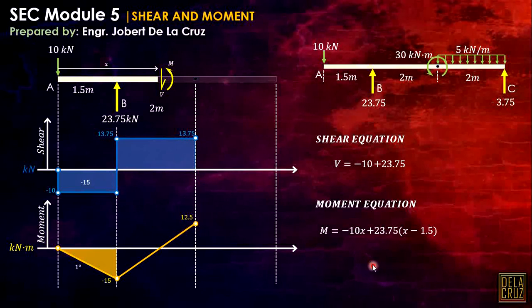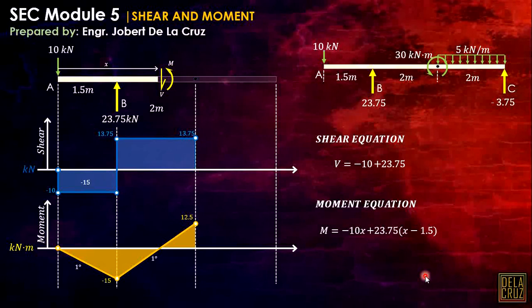And again, as you can see in the equation, the equation is in first degree. That means it is still an equation of a line. So connecting these 2 points, that is our straight line. And that is still first degree.